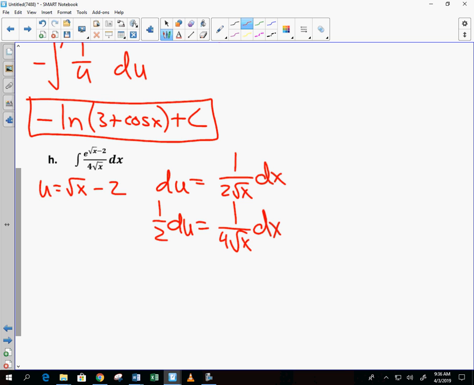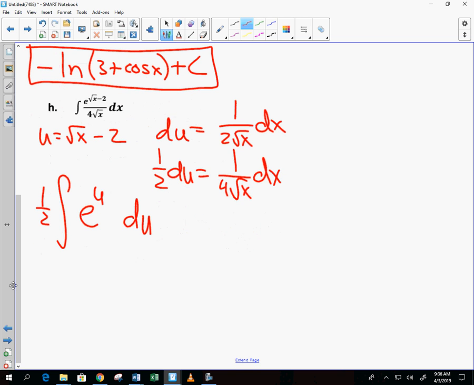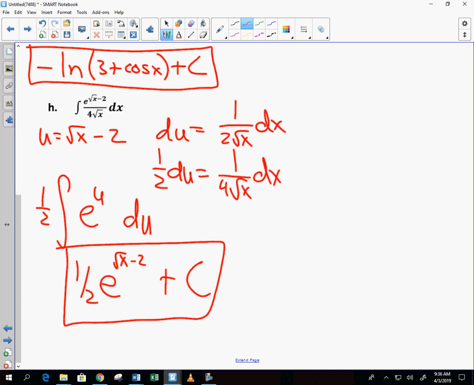All right, so I have 1/2 integral. I've got a du, e to the u. Look at how easy the integral becomes. What's the antiderivative of e to the u? So I get 1/2 e to the u plus a constant. Isn't math awesome?